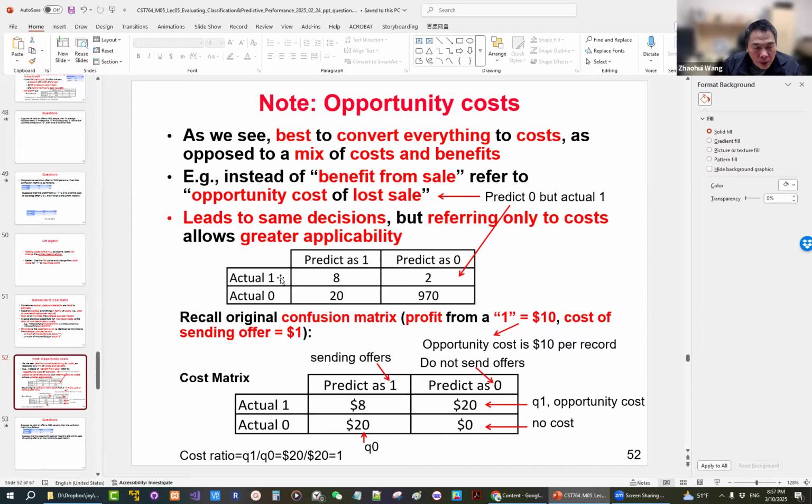Based on the confusion matrix we obtained from the data mining model, in the previous discussion for the profit and cost, profit matrix, we have profit for response Y with $10. The cost to send out an offer is $1. So here we have the cost matrix.